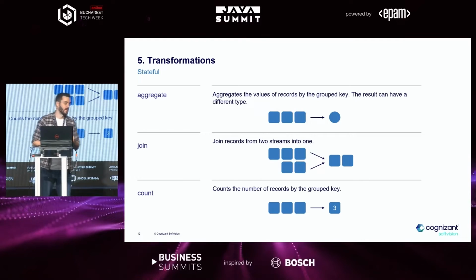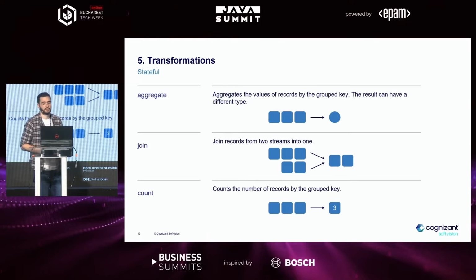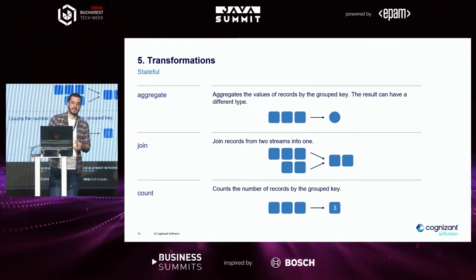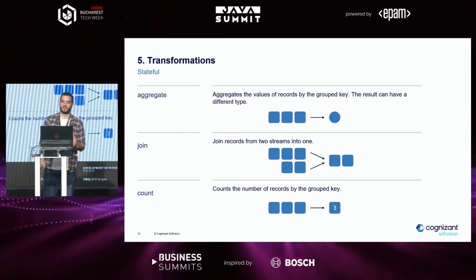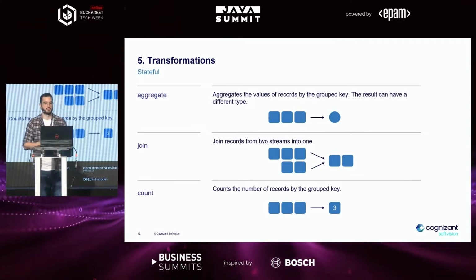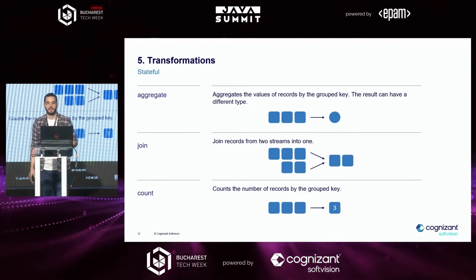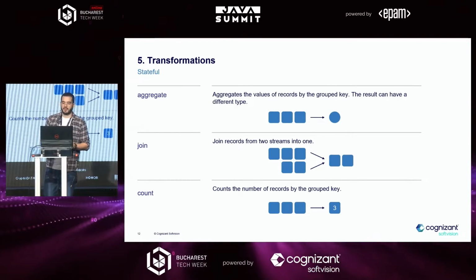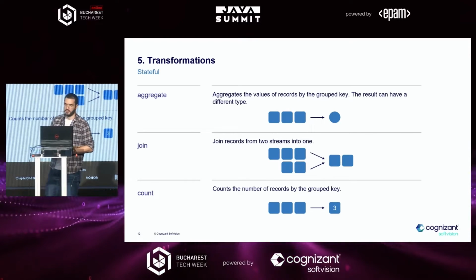This one being the inner join, which produces a record only if both streams have the same key. Of course, there are some variations on this definition, depending on which type of streams we're trying to join, either a KStream with another KStream or a KStream with a KTable, and so on. Another useful operation is count, which counts the number of records by the grouped key.